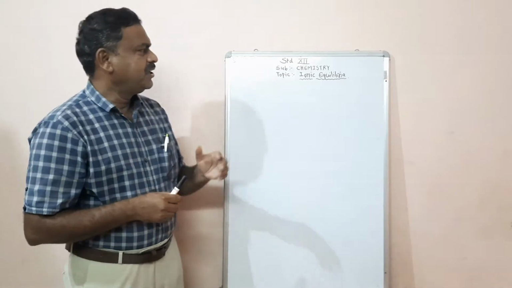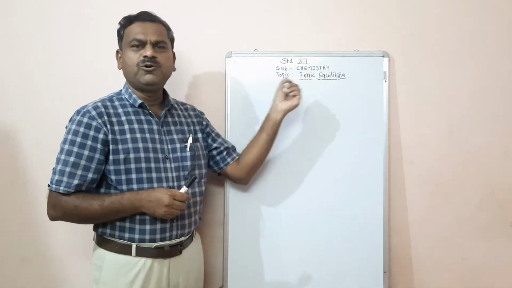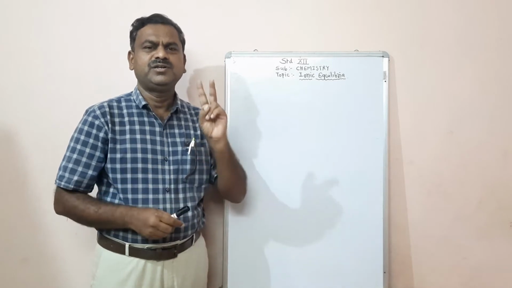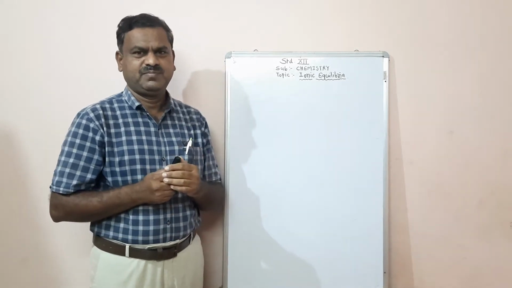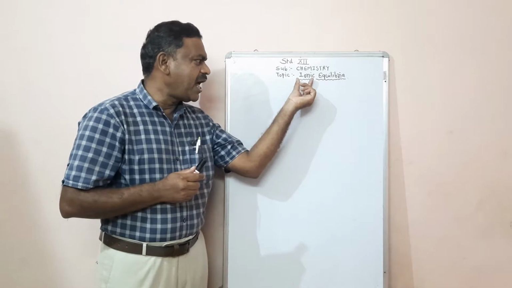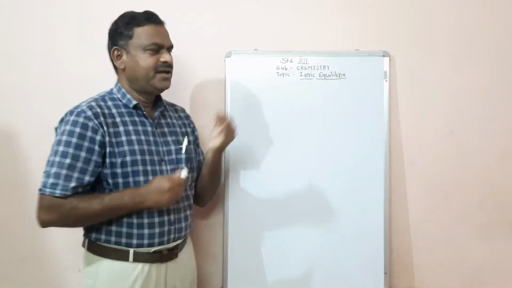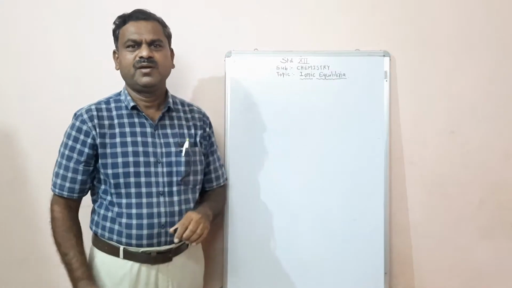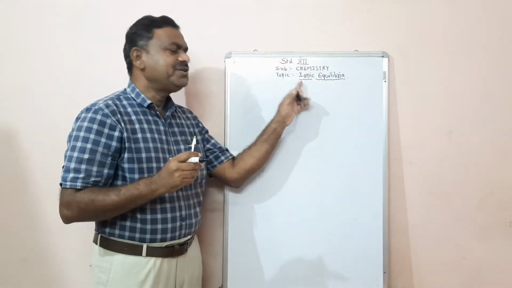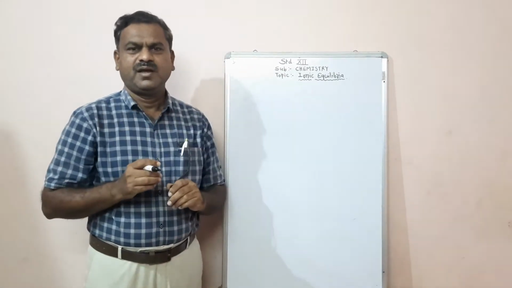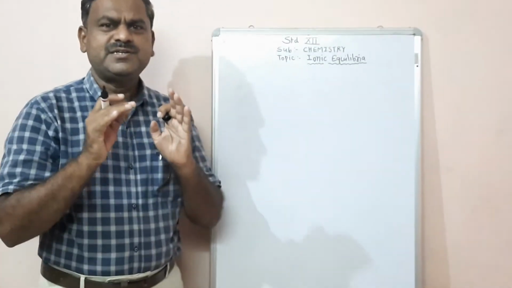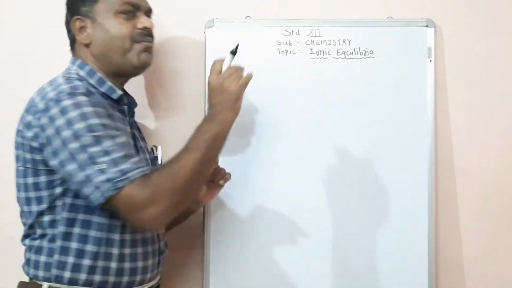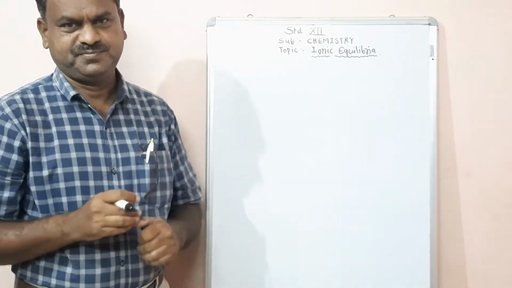Now, ionic equilibrium contains two words. First one is ionic, second one is equilibrium. Ionic means what? Ionic is nothing but in the form of ions.